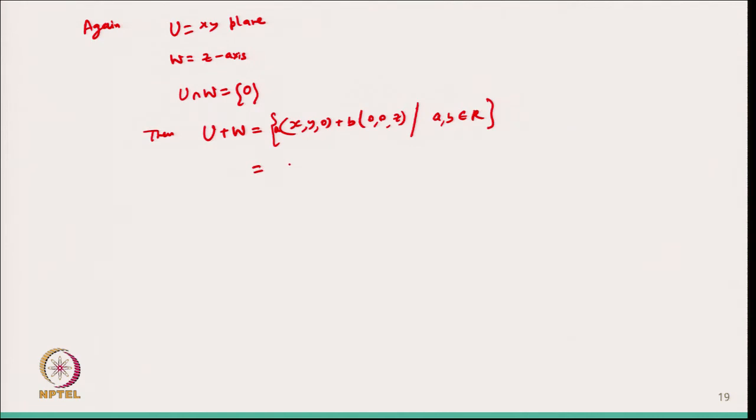and this will equal, I can write as a(x, y, 0) plus b(0, 0, z), or maybe I can take any element from here taking the linear combination.